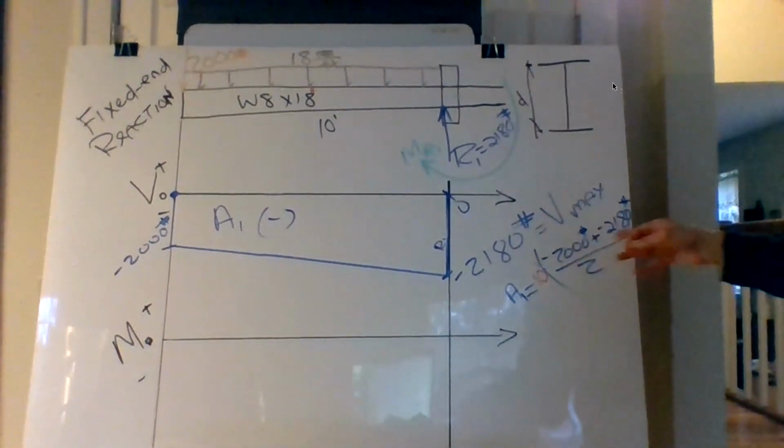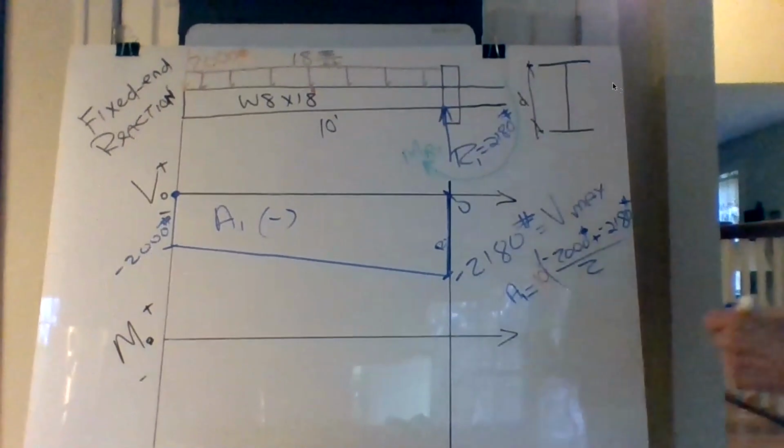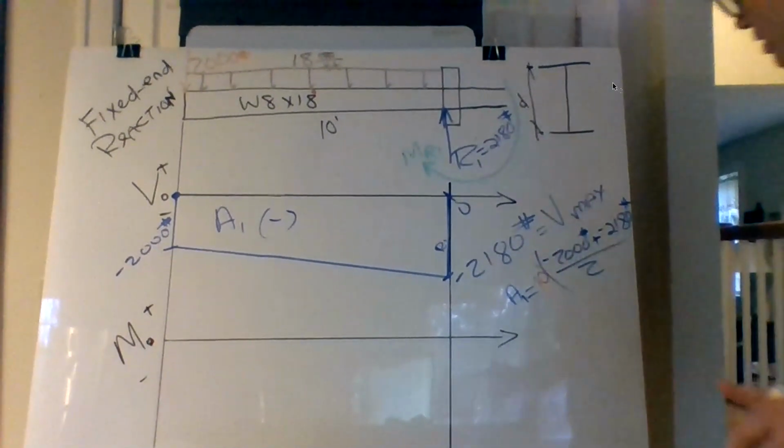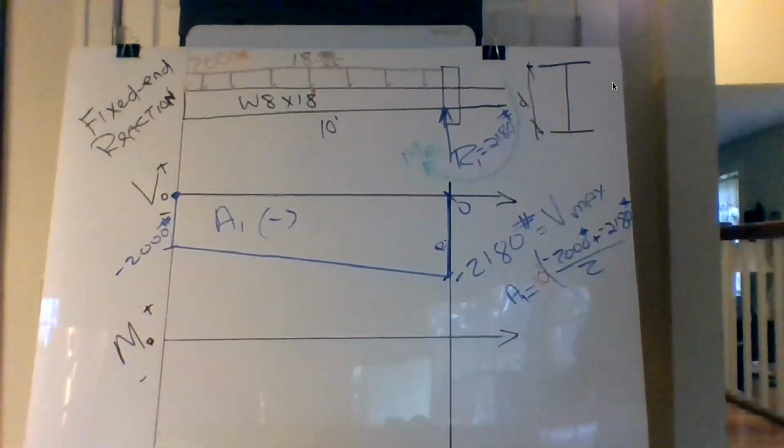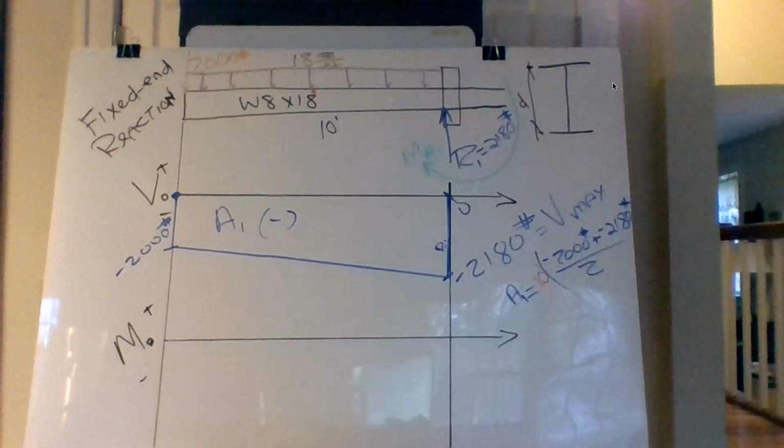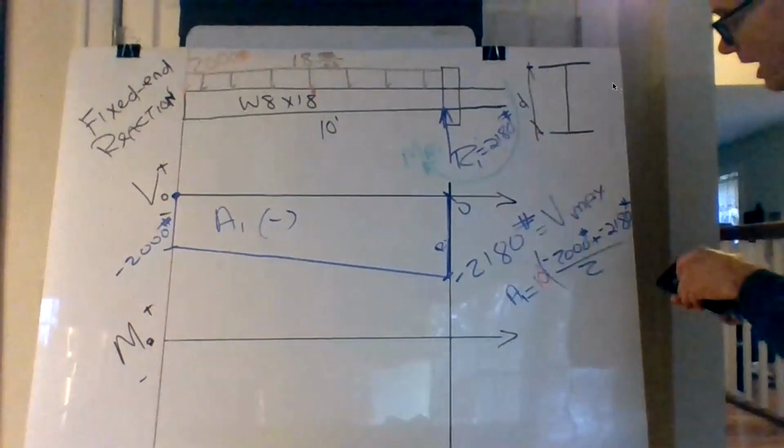It's the average of the two shears times 10. So that's 4180 divided by 2 is 2090? No. Yeah. Oh, 20,000, 20,900. I forgot to multiply it.